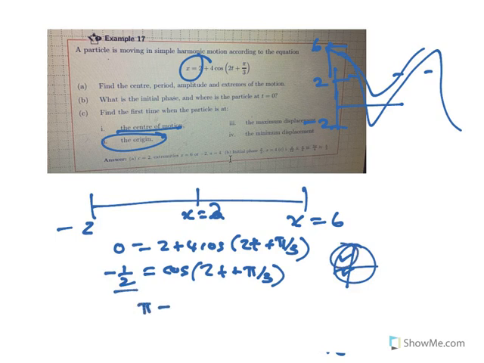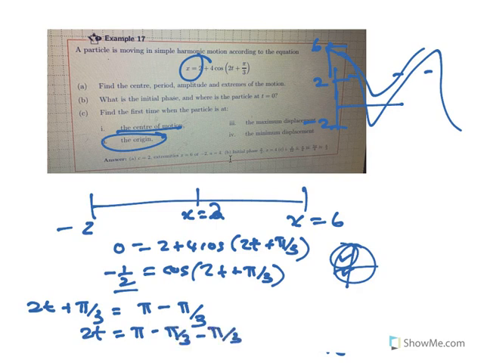Cos is equal to a half at 60. So that's pi minus pi on 3. So 2t plus pi on 3 equals. So 2t equals pi minus pi on 3 minus pi on 3. So 2t equals pi on 3. Because that's 180 minus 60, which is 60. So t is pi on 3 divided by 2.